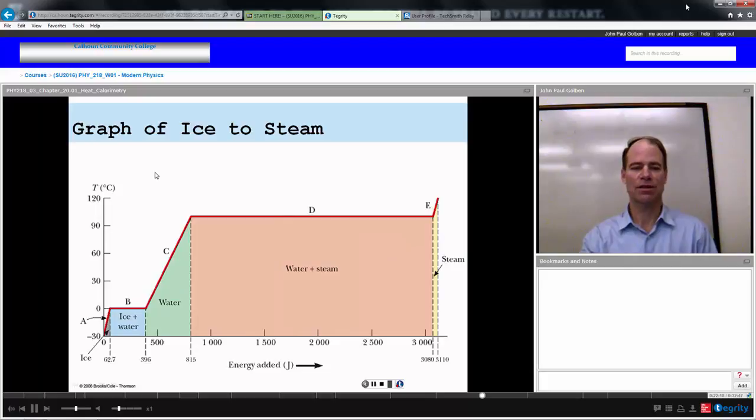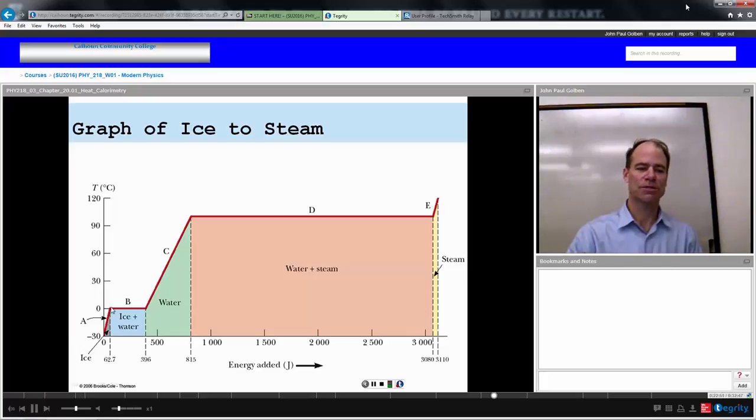Here's how it might look. If I were to start with ice, cooler than 0 degrees Celsius, it has a specific heat of 0.5, which is half that of liquid water itself. So if I started with ice at say minus 30 degrees Celsius, I can heat it up much more rapidly than liquid water, because it has less of a specific heat, and hence for whatever heat I give it, it's going to have more of a temperature change.